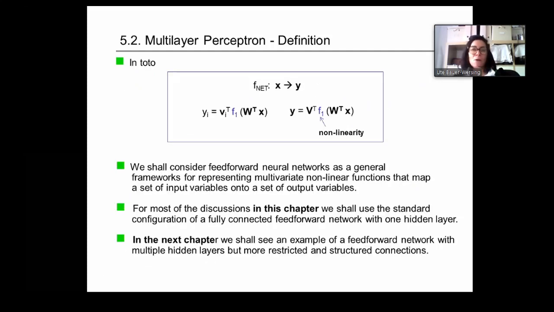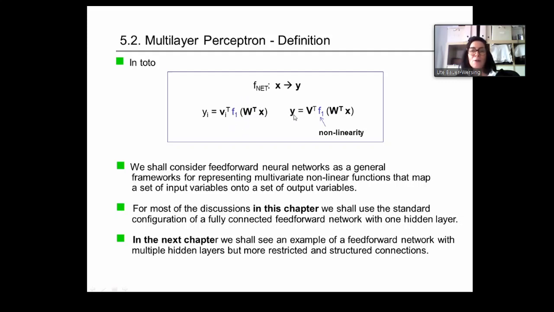Okay, so in total, if we now formulate the mapping function of the network that maps X to Y, we are calculating the individual output by applying the weight vector of the ith output neuron transposed times the output of the neurons in the hidden layer.